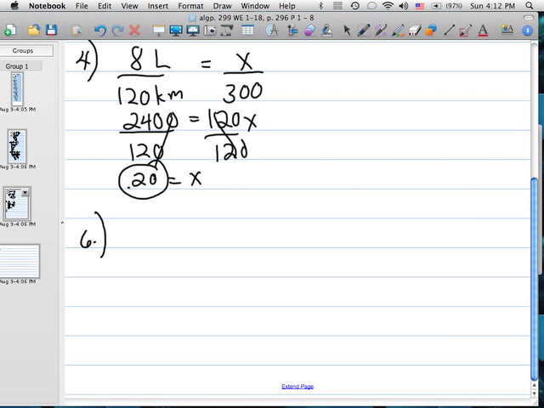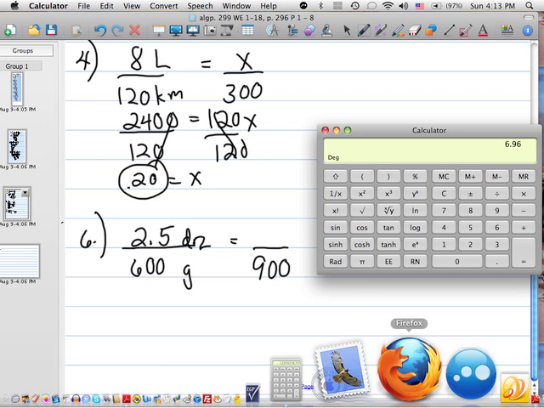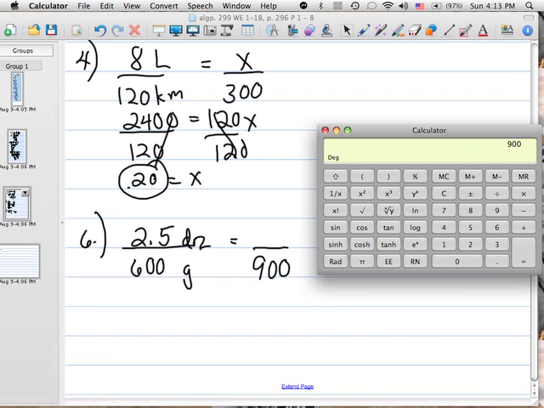Problem number 6. A recipe calls for 2.5 dozen whole wheat muffins. Since 1/2 is easily converted to decimal, use 2.5 dozen over 600 grams of flour. So the question is, how many muffins can be made with 900 grams? So we do cross products, and we get 900 times 2.5.